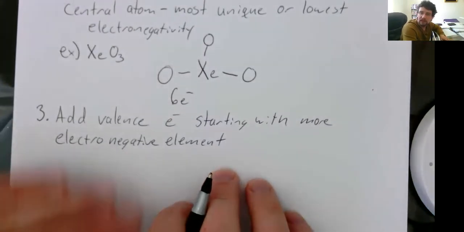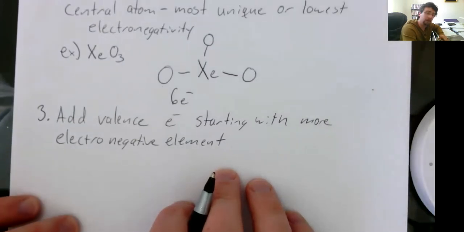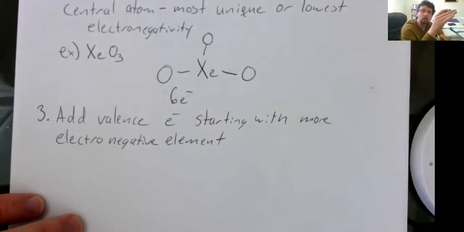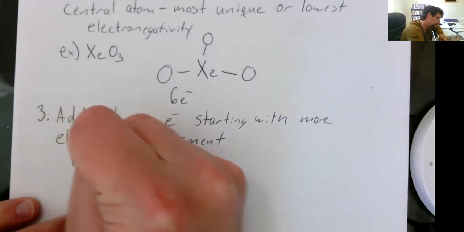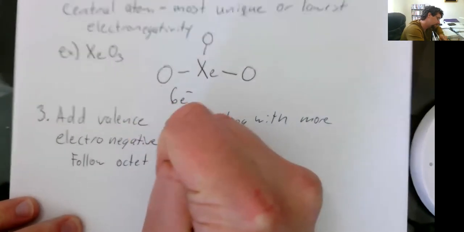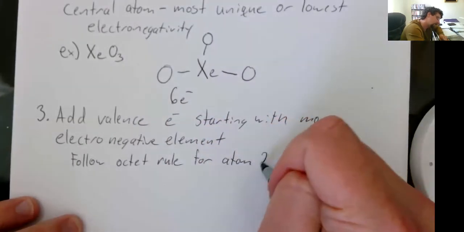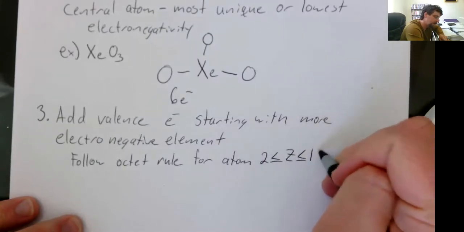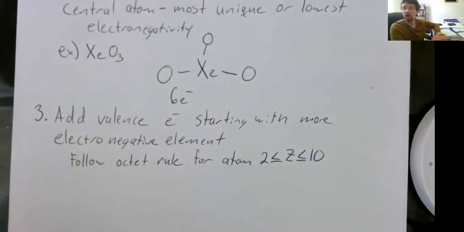There's something called the Octet Rule, which means an atom only wants to have 8 valence electrons around it. This is only valid for atoms with an atomic number of 2 up to 10. So these atoms can only have 8 valence electrons.